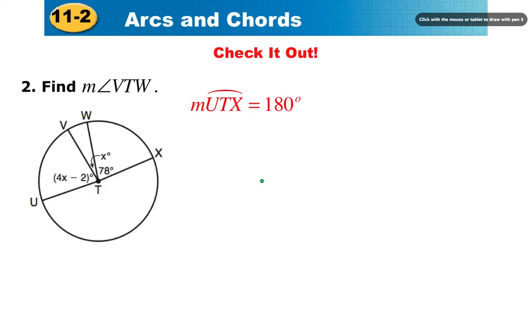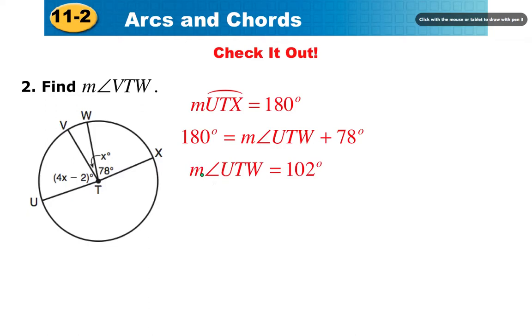At this point, I know that 180 is equal to the measurement of UTW plus 78 degrees, which is this angle here. I can find UTW by subtracting 78 and I get 102.